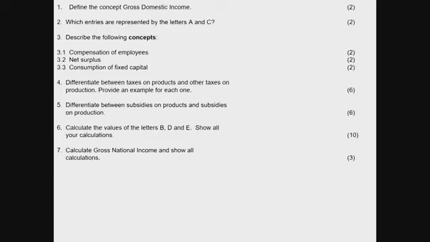Right. Then the question 6 asks, calculate the values of the letters B, D, E and show all your calculations. So if you remember, it doesn't tell you here what you're adding and what you're subtracting, but that's all you're doing along here. Some of these you're adding, some of them you are subtracting.